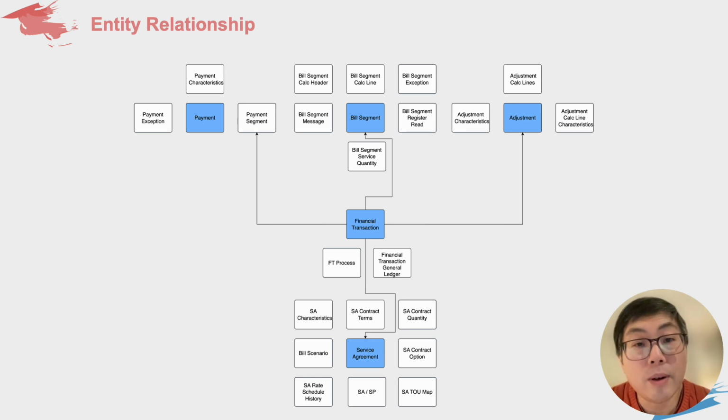Now, we said the financial transaction can be generated by a bill segment, payment segment, and adjustment. Technically, there isn't really a direct field to map them. Based on different types of scenarios, the financial transaction will map differently to these objects.